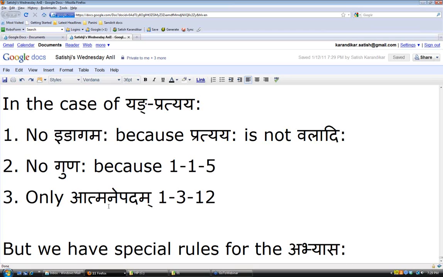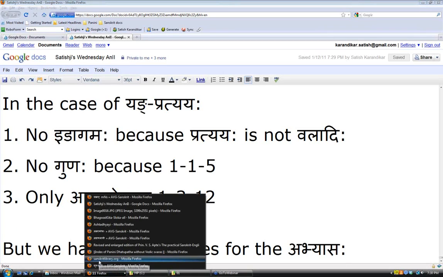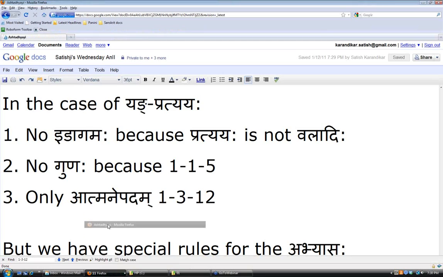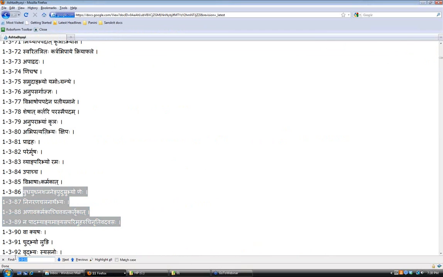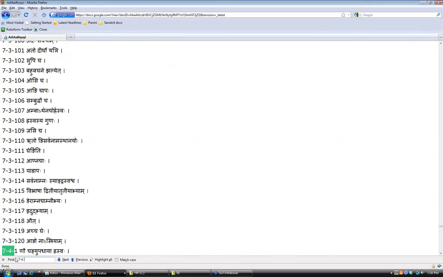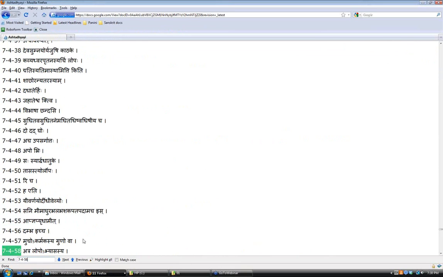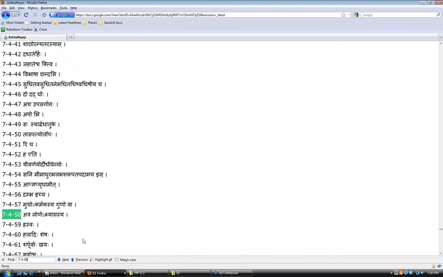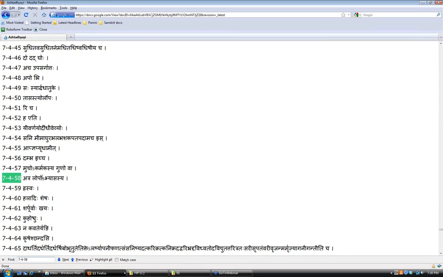So special rules, as we have seen many times, and saw in great detail in sanpratyaya, start from 7.4.58, Atsalopo Bhyasasya. Apada Samaptehe means up to the end of the pada. The anuvritti of abhyasasya goes down.